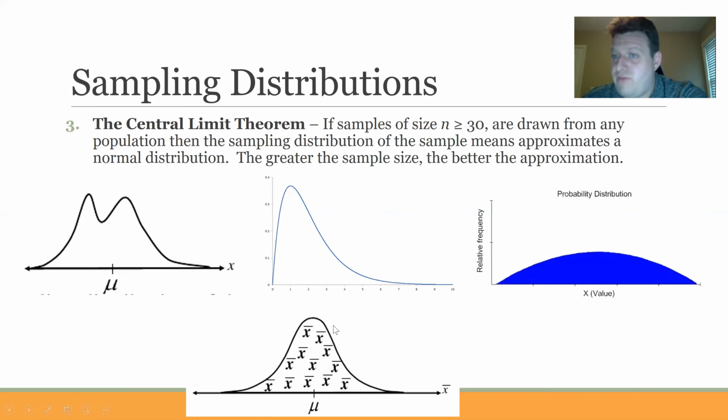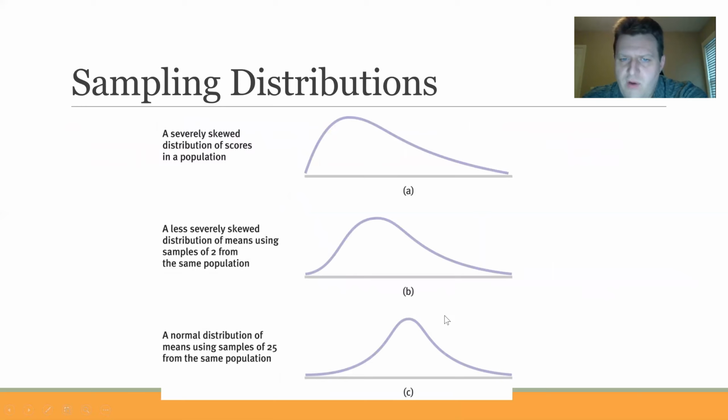Very, very cool. All right. So here's an example of what's going on. Let's say that our population distribution is skewed in some way. So we've got some positive skew going on. It's not awful, but clearly this is not a normal distribution. If we increase our sample size, well, now we have a sampling distribution here at B, but our sample size is 2.